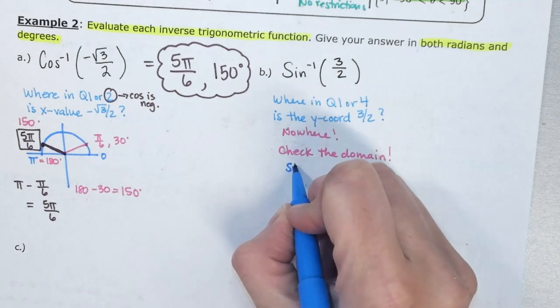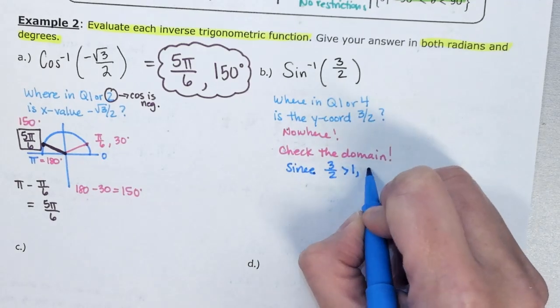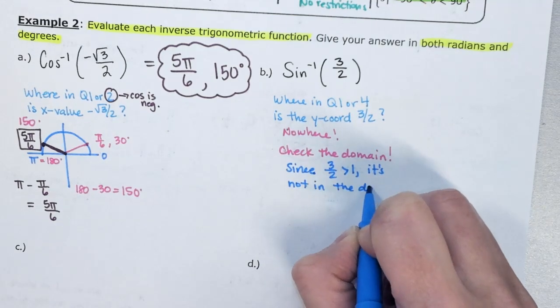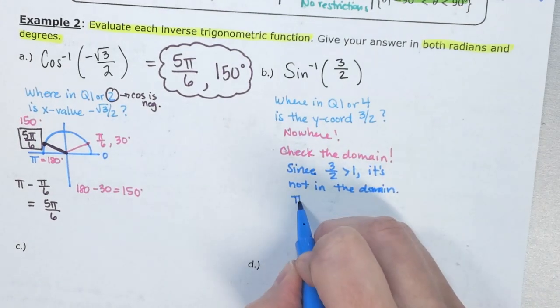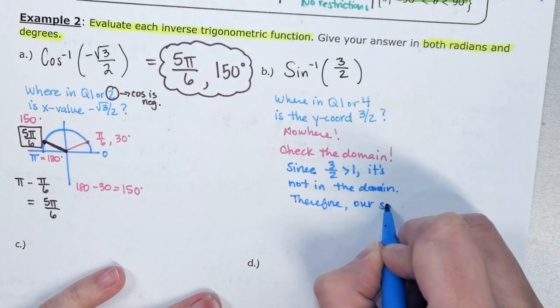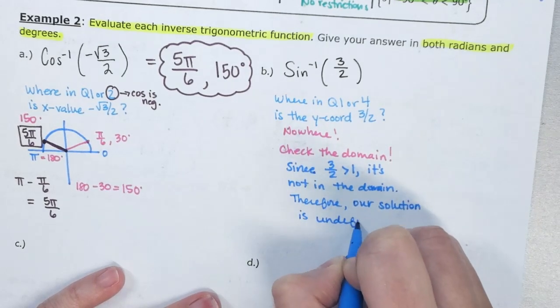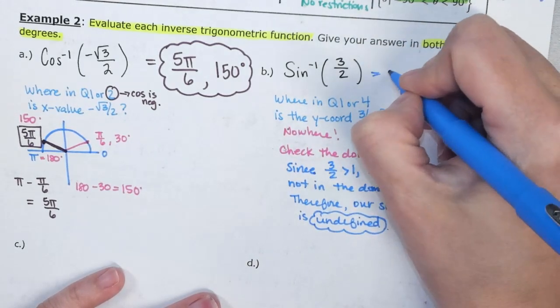Since 3 over 2 is greater than 1, it's not in the domain. Therefore, what do we think our solution is going to be? Yep, our solution is undefined. That is your final answer.